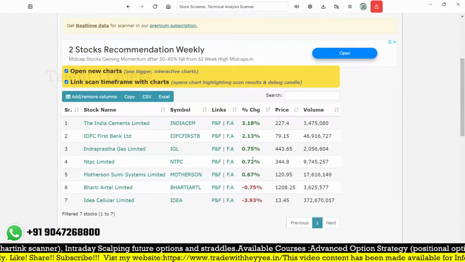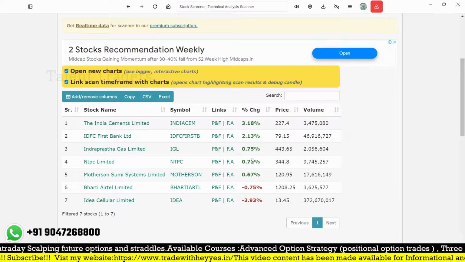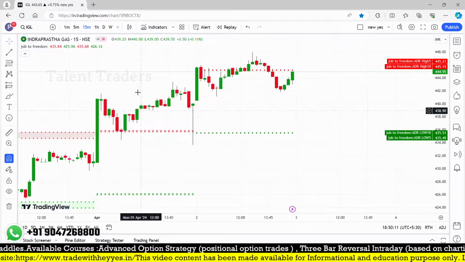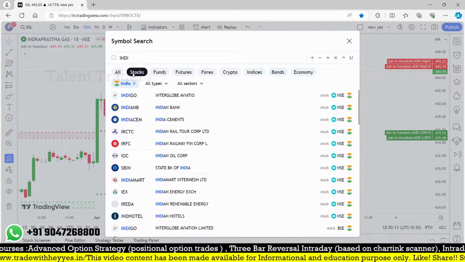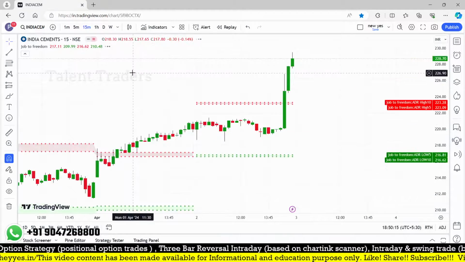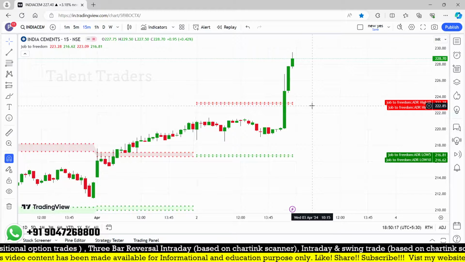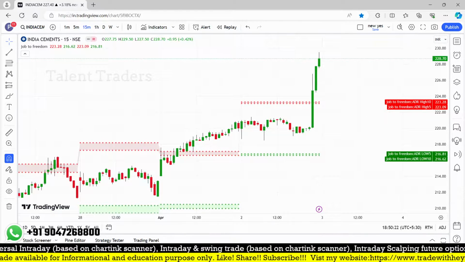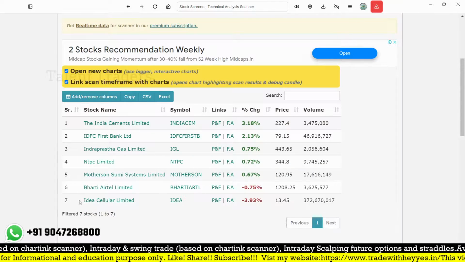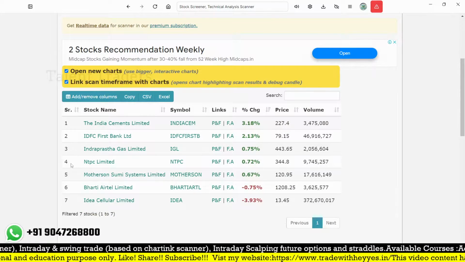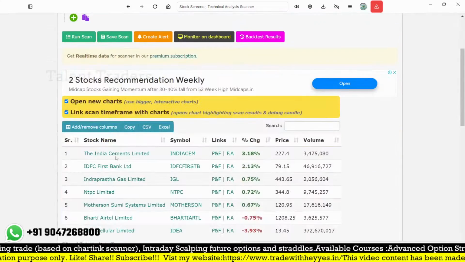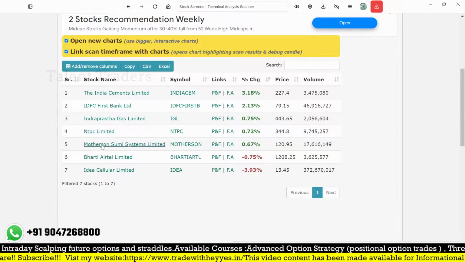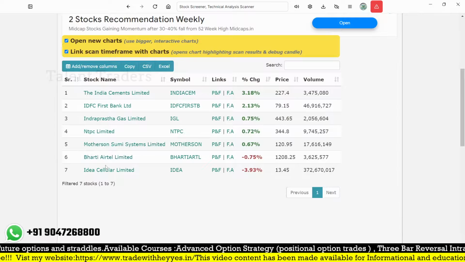If you check tomorrow, you will find India Cements. Today it is not narrow, but tomorrow it will be very narrow. So we can track those stocks for tomorrow's opportunity. Somewhere around seven stocks: India Cement, IDFC First Bank, IGL again, NTPC, Motherson Sumi, Bharati Airtel, and Idea Cellular.